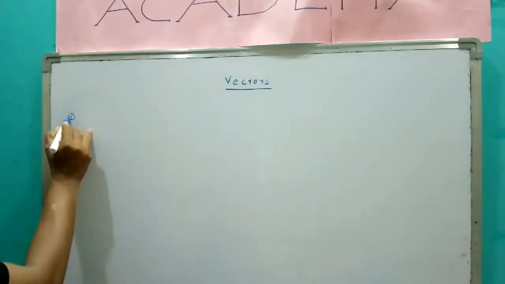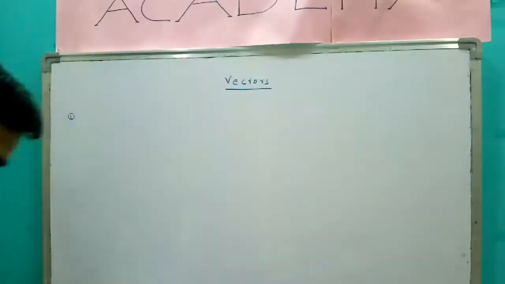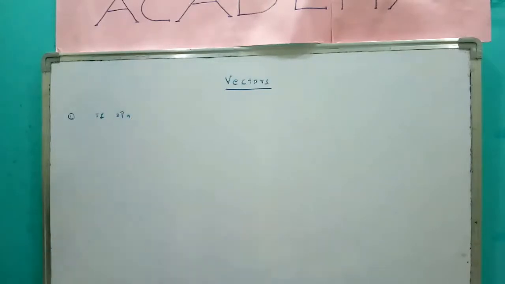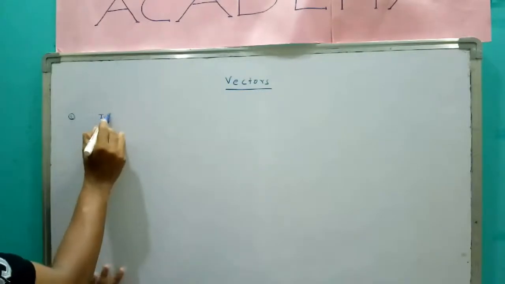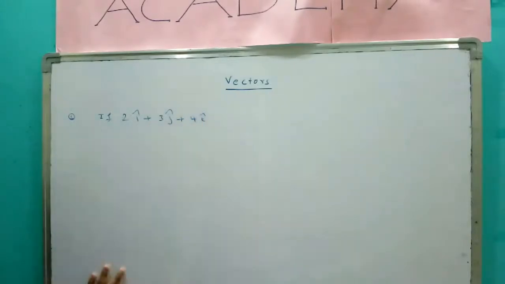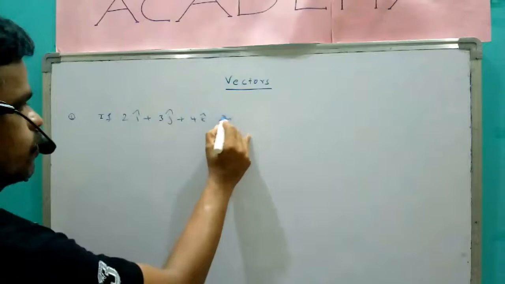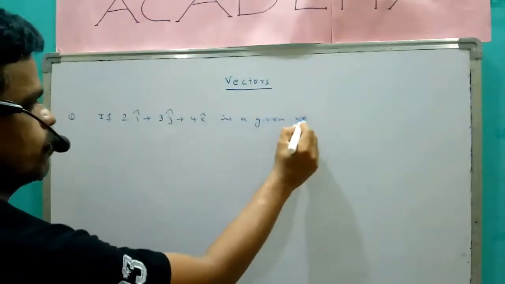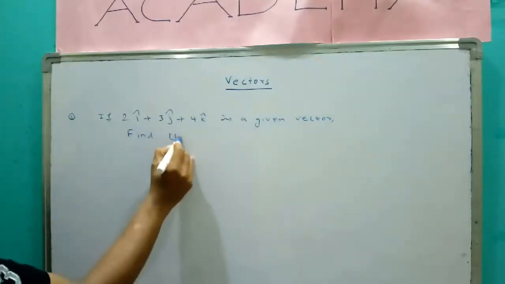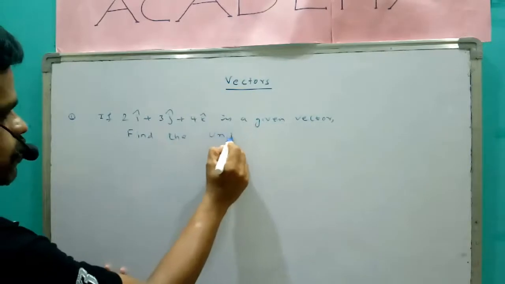First problem: if 2i plus 3j plus 4k is a given vector, find the unit vector.